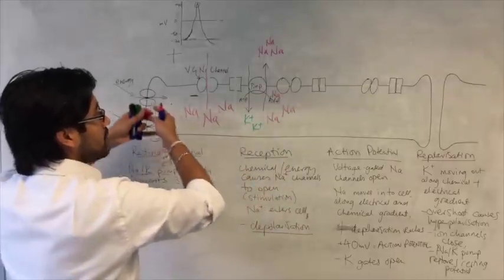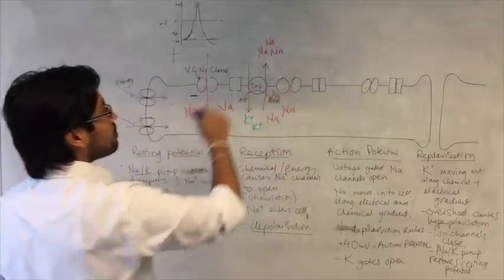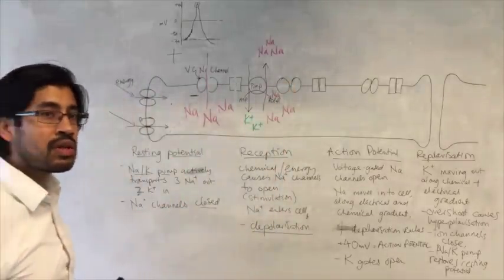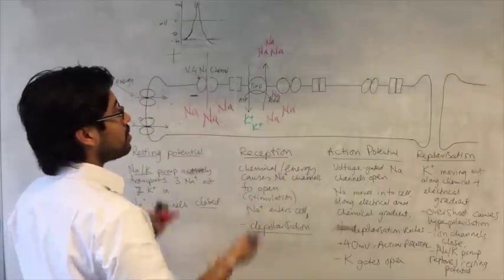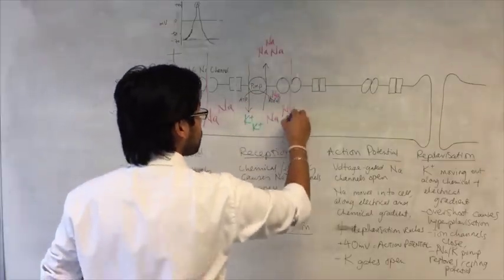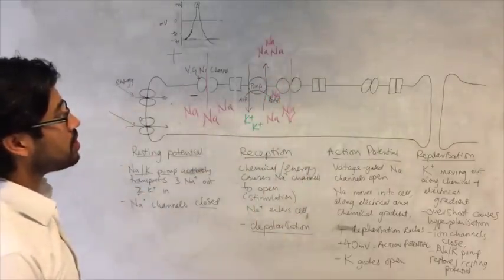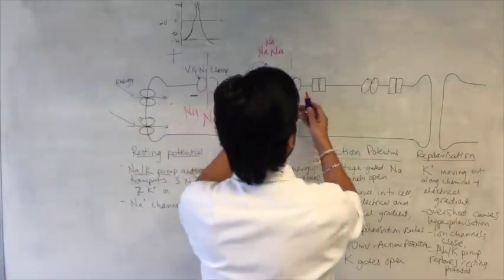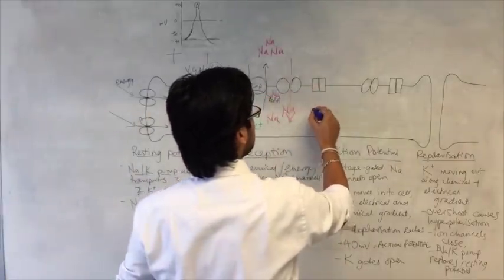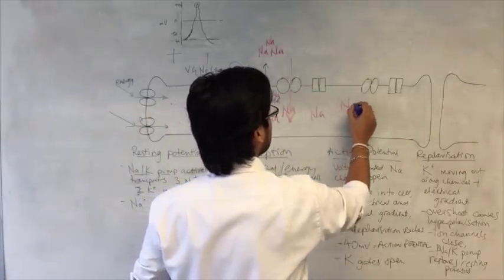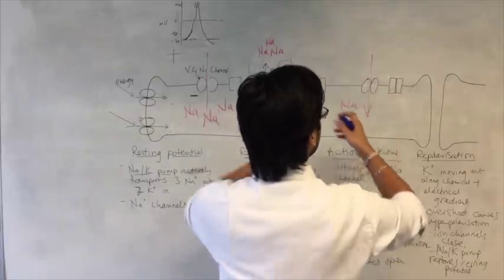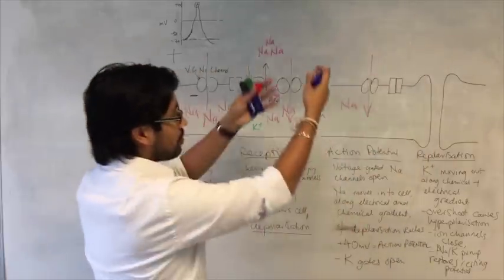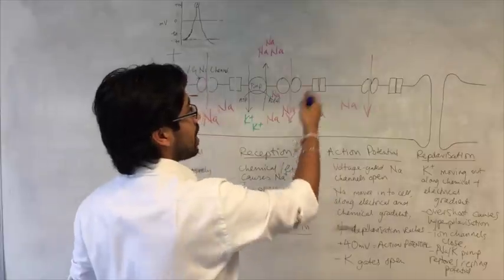So we start to get sodium around here. And when that happens, the next voltage-gated sodium channel along will also experience the depolarization. So it opens, in comes the sodium. And again, the sodium doesn't just stay here, it diffuses away. Then the next voltage-gated sodium channel opens, and the events of the action potential happen there.